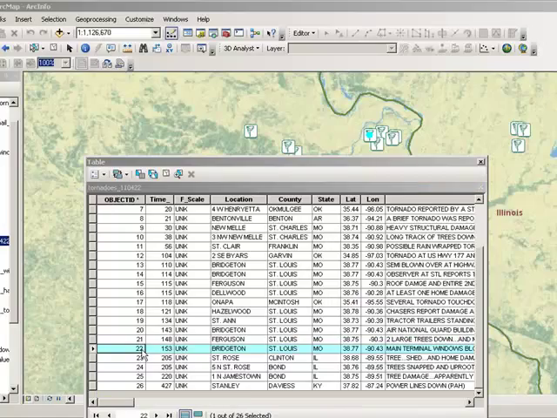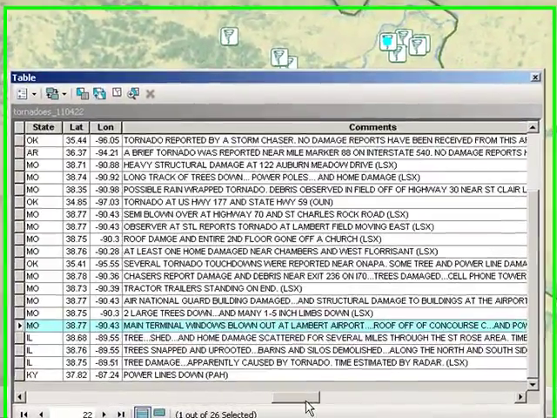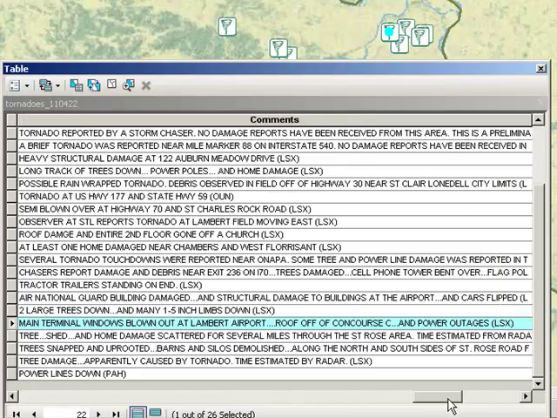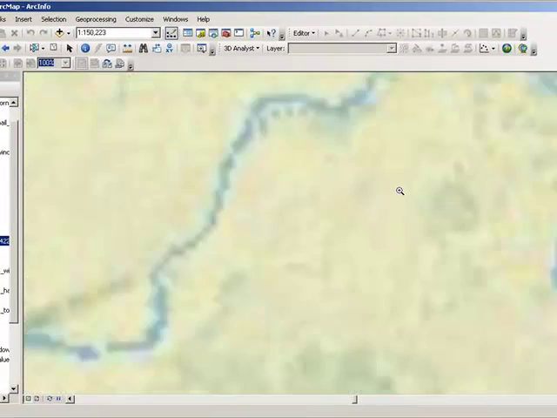Here is the tornado that we're examining right now. Main terminal windows blown out at Lambert Airport. Roof off of Concourse C, power outages. That's this one right here.